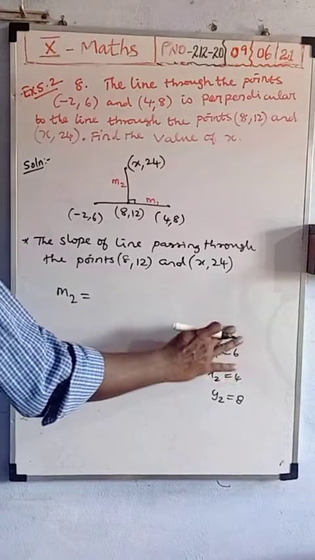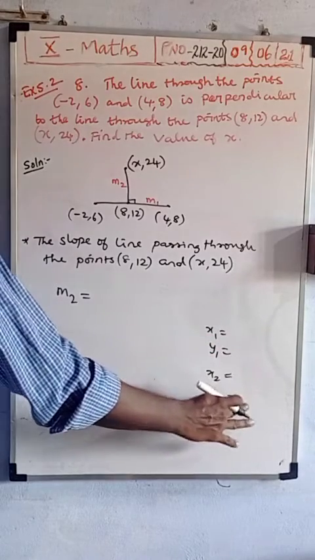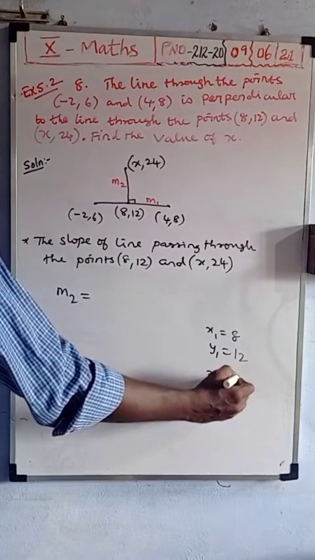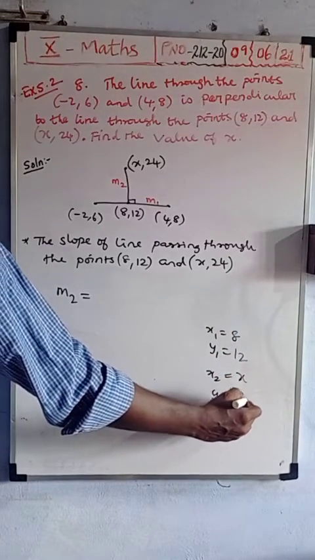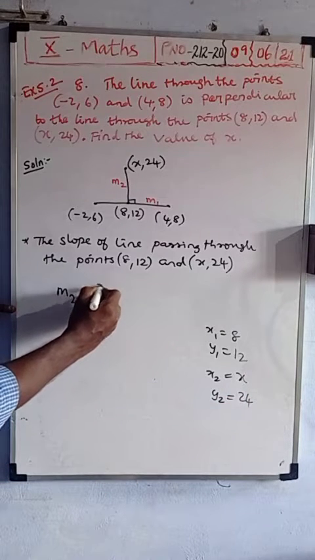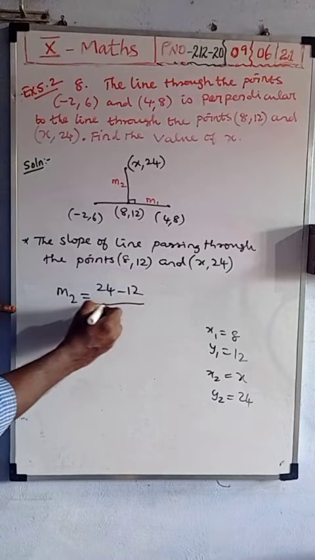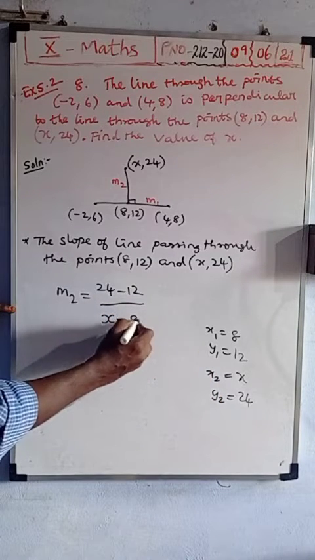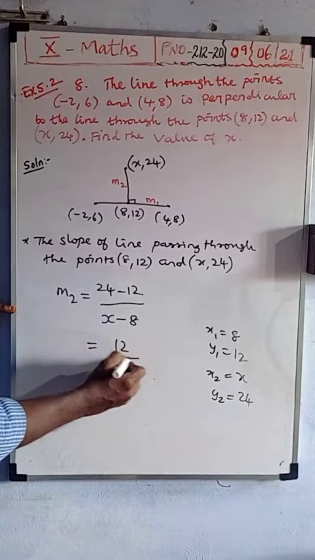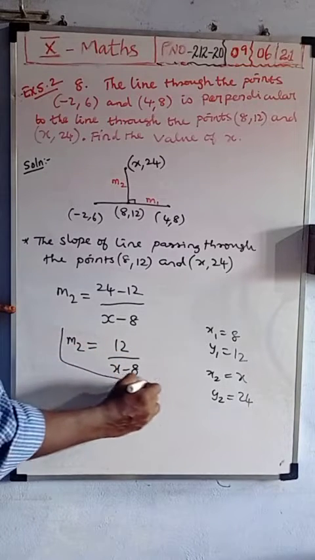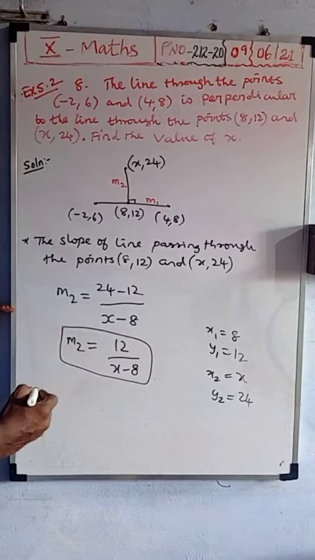Here x1 is 8, y1 is 12, x2 is x, y2 is 24. Substituting into the formula: 24 minus 12 divided by x minus 8, which is 12 divided by x minus 8. This is m2. So we have m1 and m2.